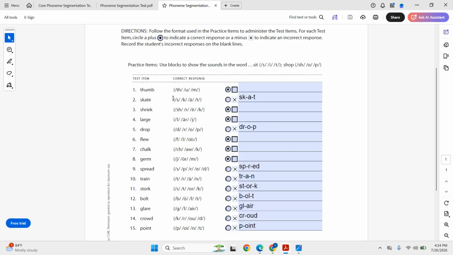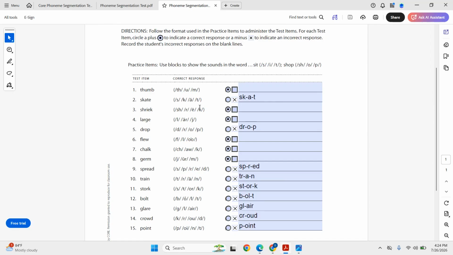So instead of segmenting and using the blocks to identify the sounds s, k, a, t, he used 1 block to identify the beginning sound for sk and not just s.